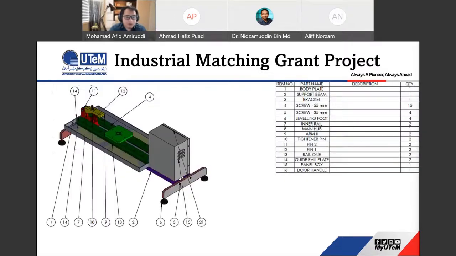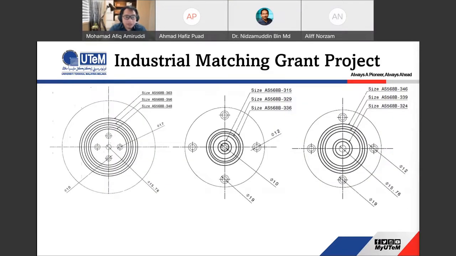This is an example of the drawing we developed for the fabrication activity. And this is the plate that we designed. We designed this groove according to the guideline from the SAE, the Society of Automotive Engineers. We refer to this guideline, then we create this groove to make sure we follow the tolerance.